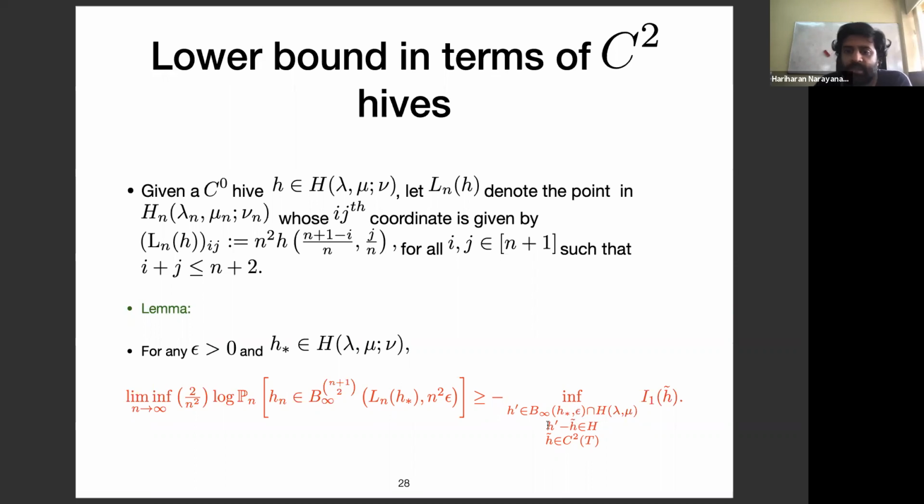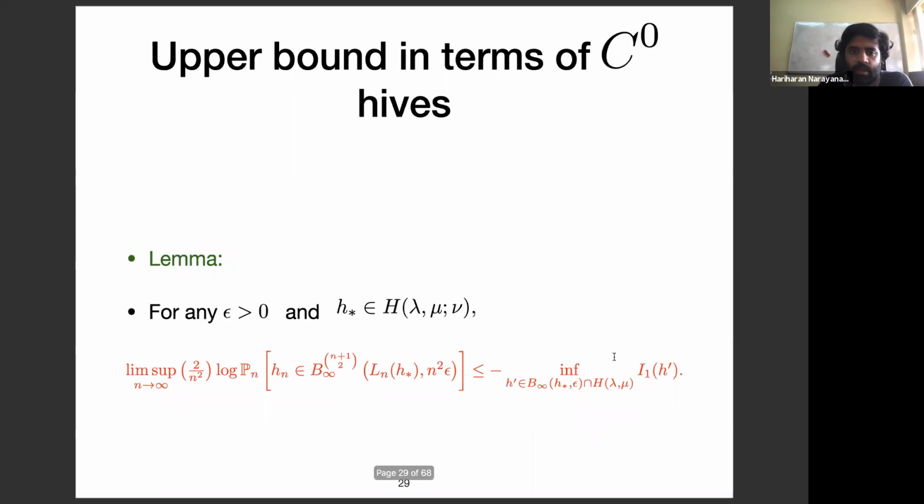This is because our lower bound procedure essentially used the fact that it's a C2 function with a uniformly continuous Hessian. The upper bound involved Brunn-Minkowski and did not require any regularity. So we get a cleaner upper bound for C0 hives in the same context.